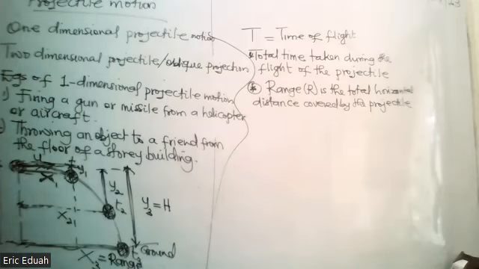So the time of flight is the total time taken during the flight of the projectile, and the range, capital R, is the total horizontal distance covered by the projectile.